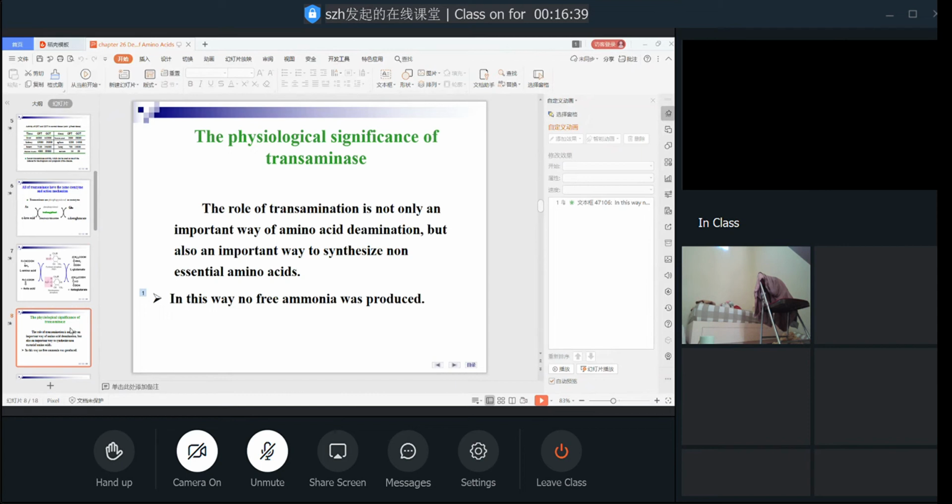I emphasized for you that ammonia is very toxic, especially for the nervous system. So at that time you can see this process: the first amino acid transports the amino group to another molecule, and from beginning to end, no ammonia is produced. So it's very safe.